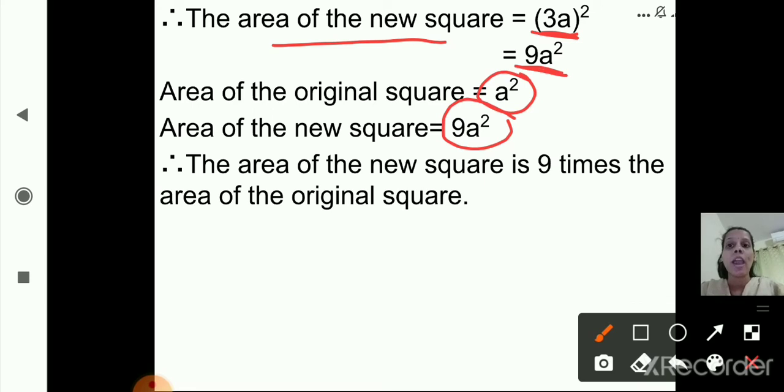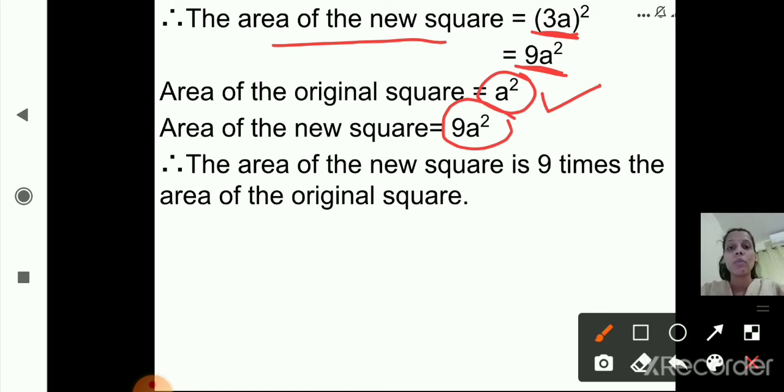As you can see here, the area of the original square was a square and the area of the new square is what? 9a square, means it is 9 times. Okay, if the side is tripled, then the area is 9 times the area of the original square.